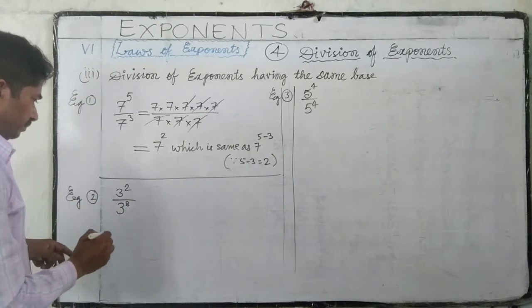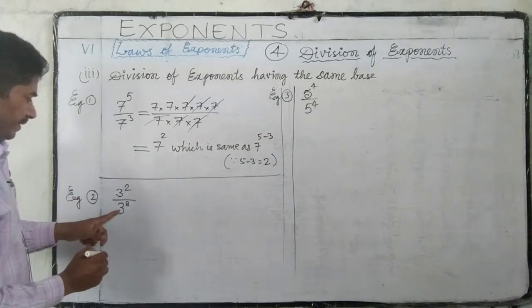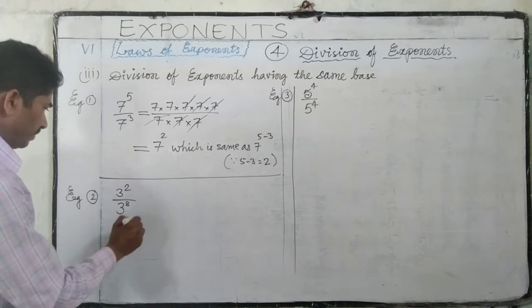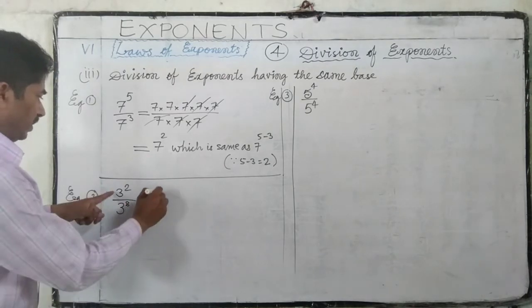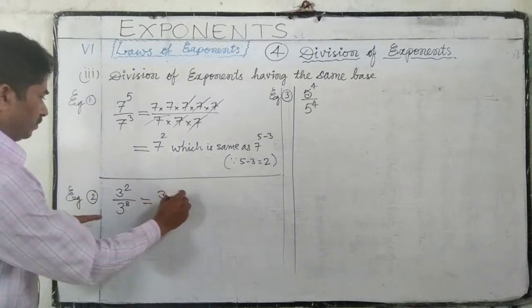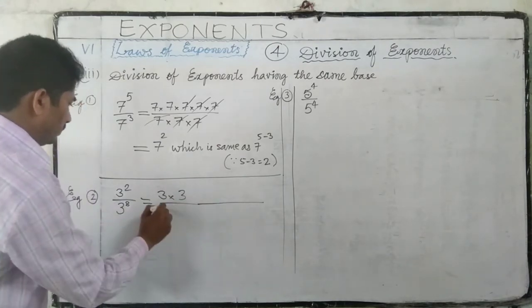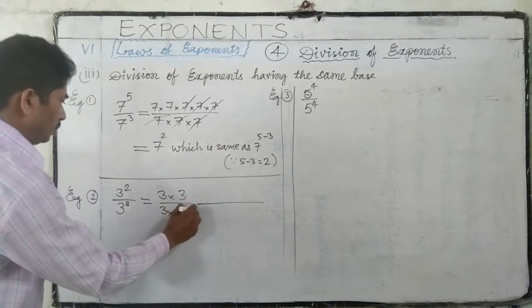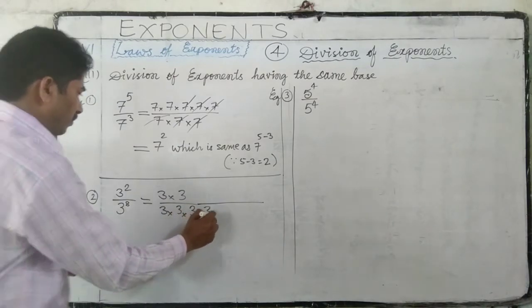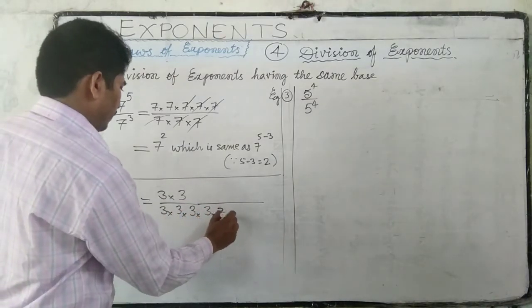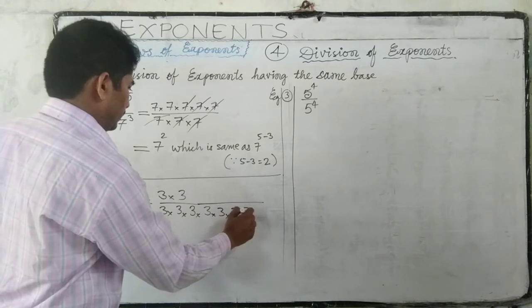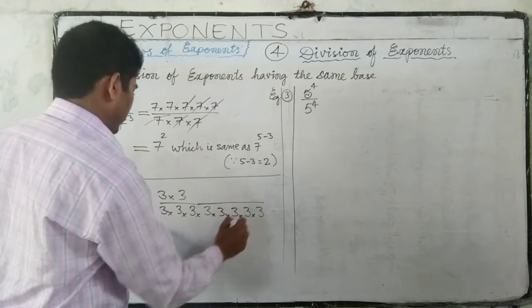Next, 3 square divided by 3 to the power of 8. 3 two times, 3 eight times: 1, 2, 3, 4, 5, 6, 7, 8.